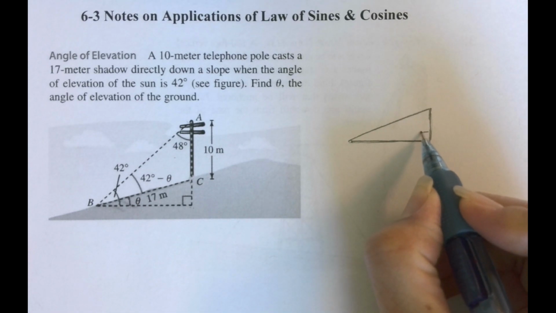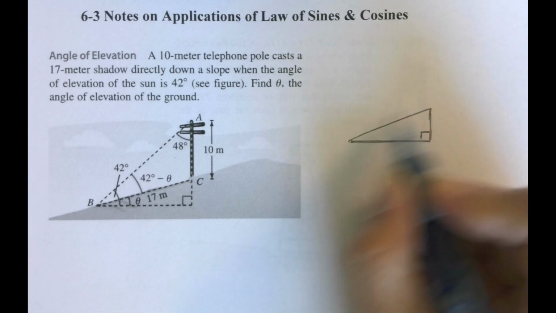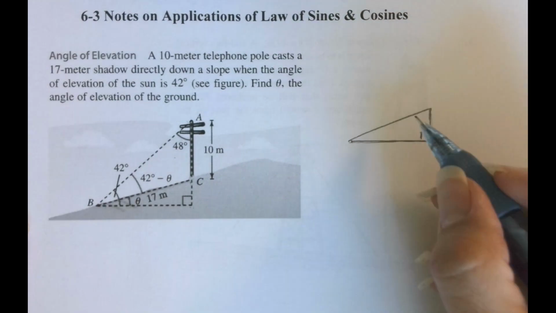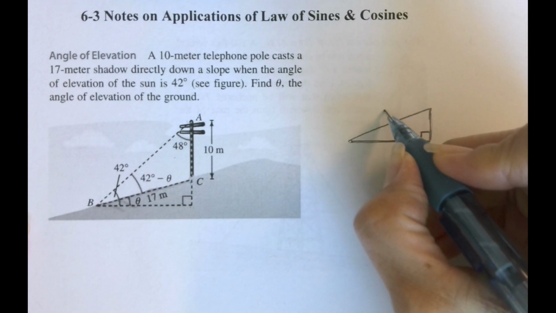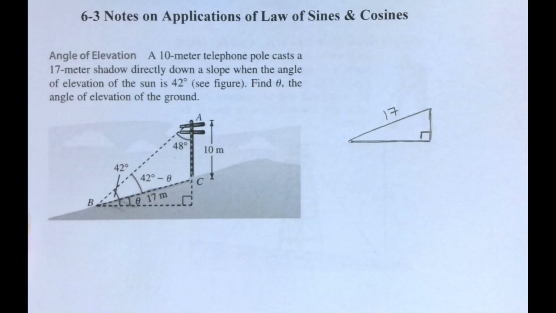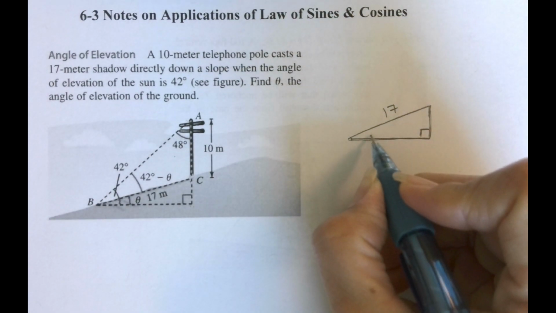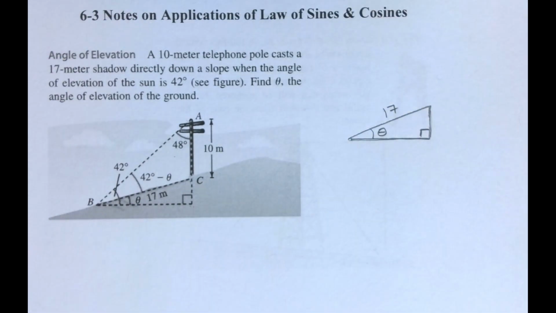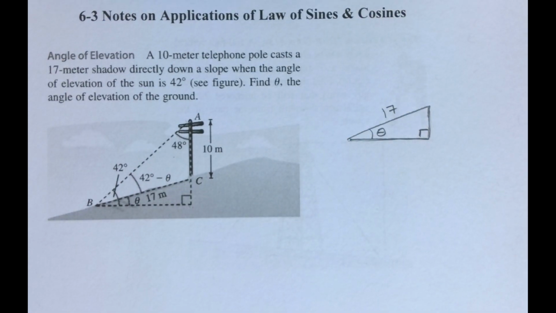Okay, so would you guys tell me, what do you know in this space? At the top line, the C. Okay, C is 17. What else do we know? The bottom left angle will be theta. All right, so that's what we're looking for. Excellent. Anything else?